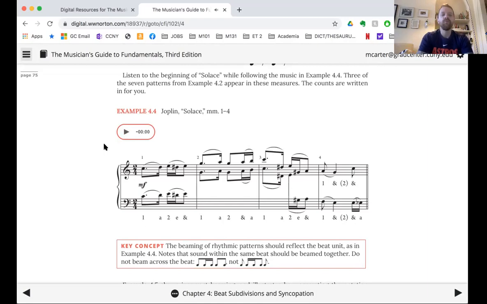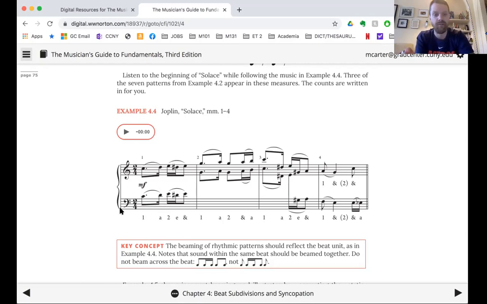Okay. Now, if we just take this first measure, and these are played in octaves, the bass clef and the treble clef are playing the same pitches an octave apart. And here's how we count this. So remember, here's our subdivision with all 16th notes: 1 E and a, 1 E and a. And this first rhythm is 1 E and a.